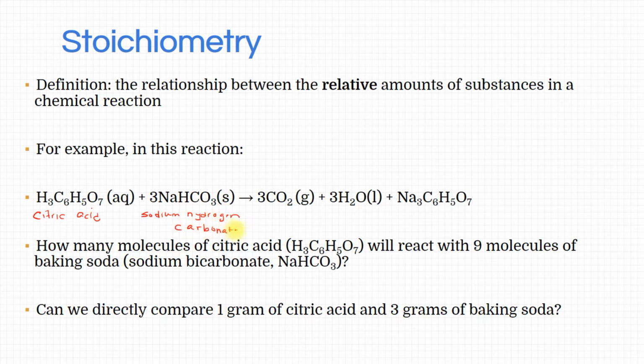It's the same thing that you use in cooking and everything. So if I take one citric acid, this whole thing is one citric acid, and I react it with 3 molecules of baking soda, it's going to produce 3 CO2s, 3 waters, and 3 of this, which is sodium citrate.